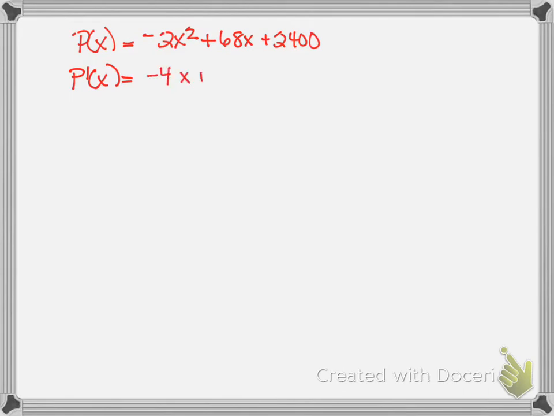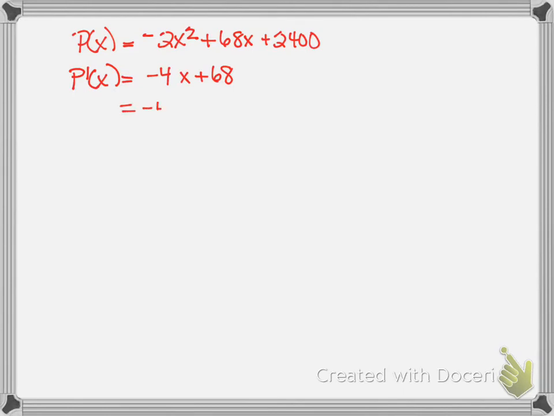So our profit function again was negative 2x squared plus 68x plus 2,400. I am trying to maximize this function, which means I need to take the derivative, which will give me negative 4x plus 68.